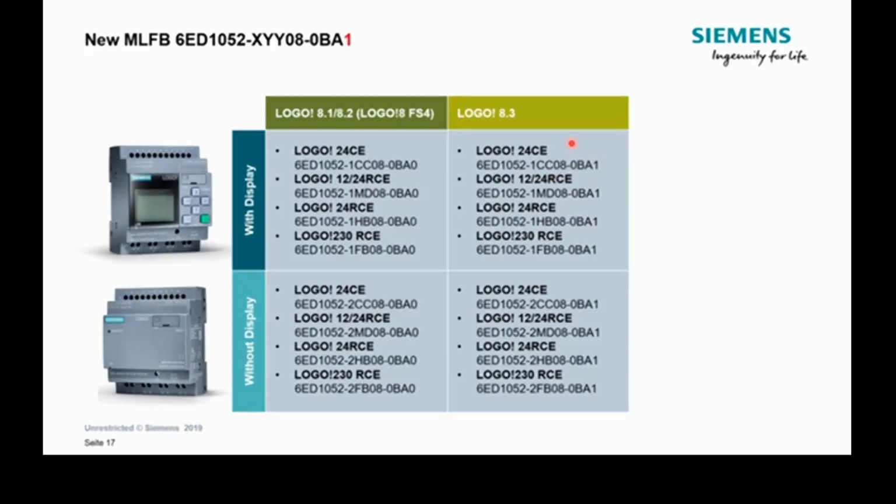So you'll straight away be able to tell which version of logo base module you've got, and obviously clearer for ordering. Now, not forgetting that all of these new version 8.3 modules, once they are released, will be available for use with the existing range of expansion modules for version 8 logo. So it's a very quick and simple swap out if you want to expand your capabilities and your functionalities of your machine.